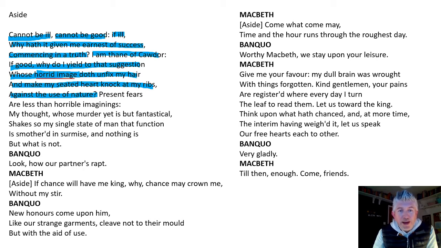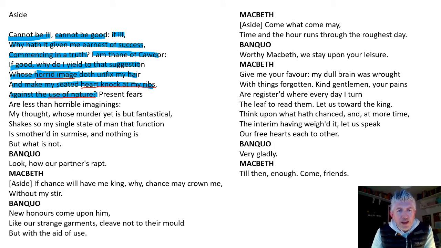And it's making his heart knock at his ribs against the use of nature, so it's against the natural order of things. So it's making him feel quite shocked, scared, worried. He's physically reacting in a negative way to this idea that nature is going to be altered and messed up with him becoming king.